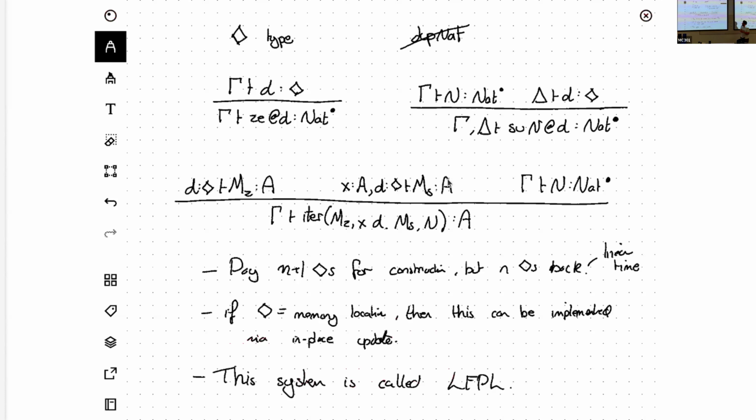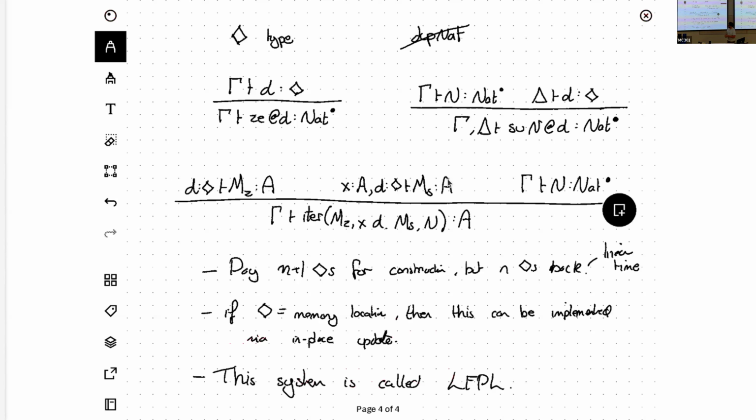Some work that started with Stefan Jost and Martin Hoffman was later carried on by Jan Hoffman, who was Martin's PhD student, but has a different number of Fs. You can then use linear programming to infer the amount of diamonds distributed throughout the program. This gives you quite a powerful technique for inferring the costs of pure functional programs. So this LFPL idea is extremely powerful and can be used for several different techniques.